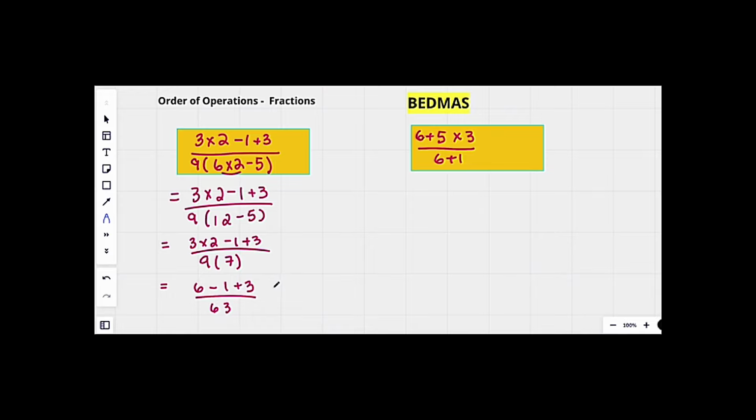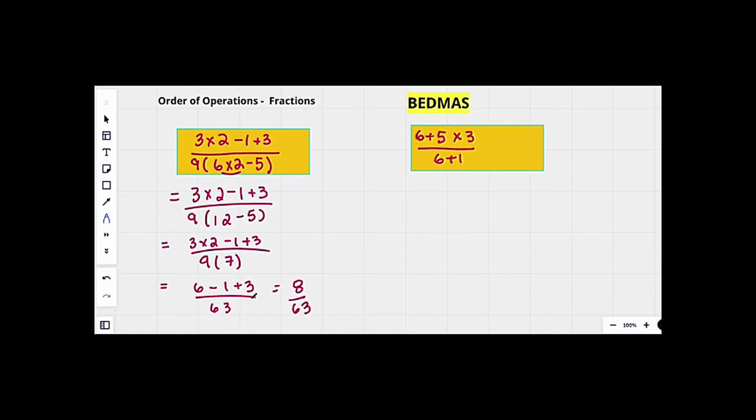And I said in previous videos that in BEDMAS, if we have addition and subtraction, we do it in the order that they're in from left to right. So that means that we're going to do the subtraction first and then the addition. So 6 minus 1 is 5, and if we add 3, we have an 8. So our answer will be 8 over 63.